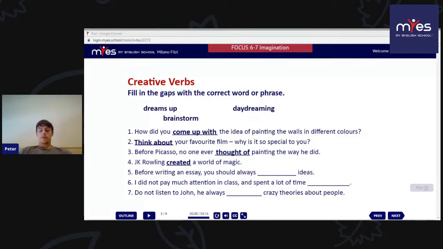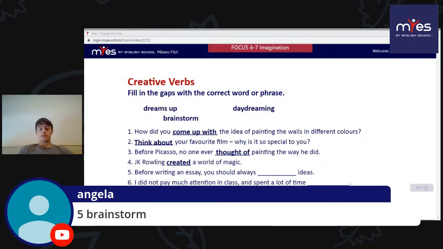It's a technique for studying. So you draw something in the middle of the page, and there are lots of different arrows pointing out. Exactly. Well done, Angela. Number 5 is brainstorm.